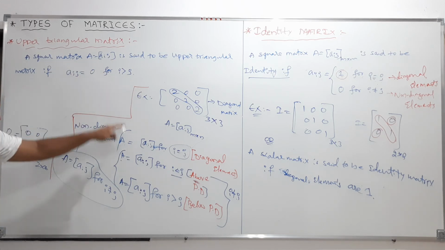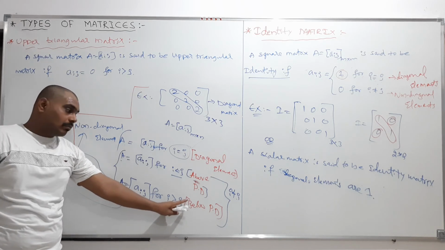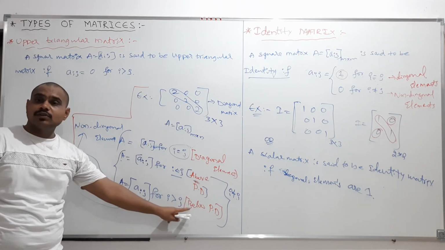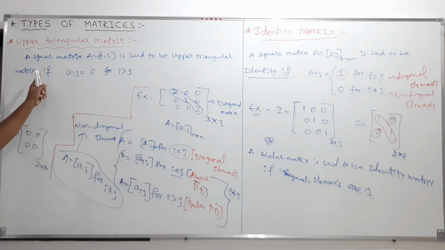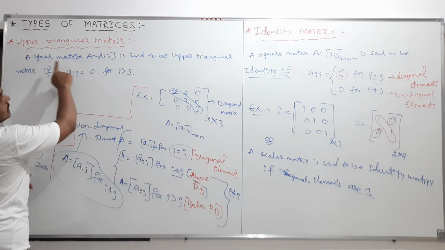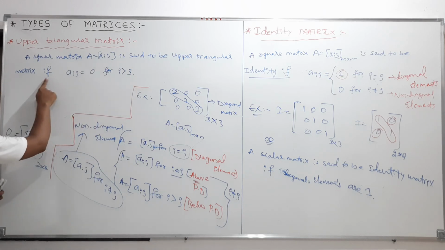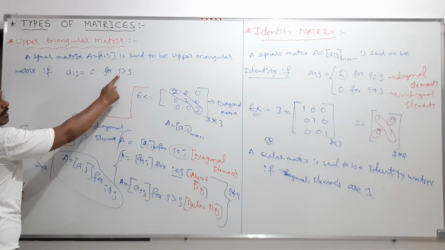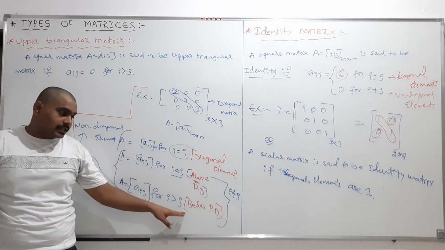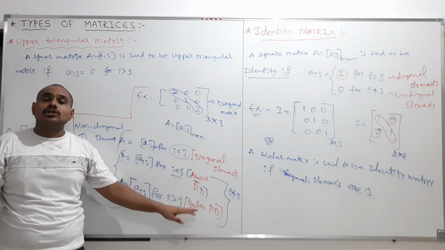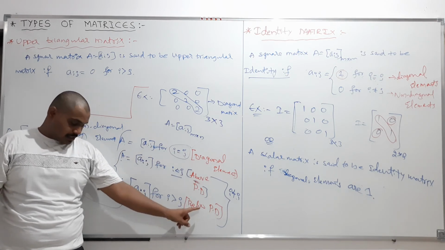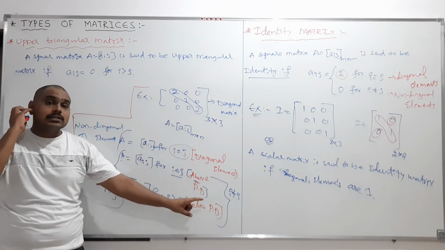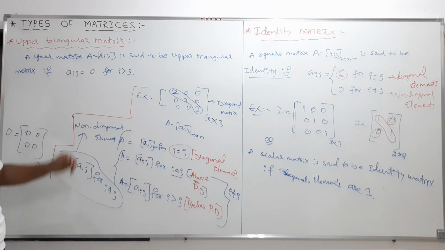Aij for i greater than j means the elements which lie below the principal diagonal. So in a square matrix, if the elements below the principal diagonal are 0, then such a matrix we can call the upper triangular matrix.